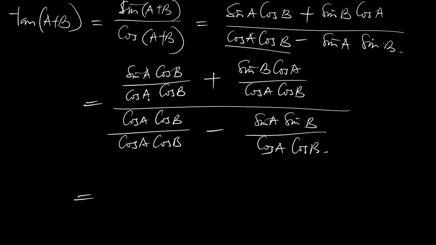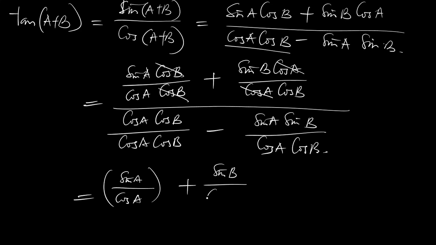Now, if you look thoroughly, you have sine A divided by cos A, then the cos B will cancel out. You have plus. Looking again, the cos A will cancel out, they are the same there. So now you're left with sine B divided by cos B all over.